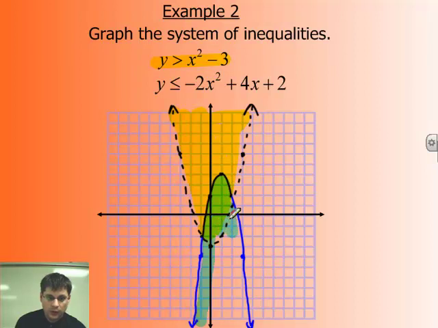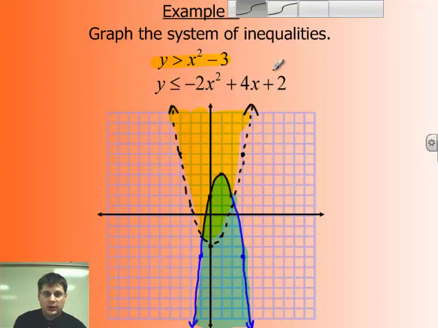So we'll have the overlapping regions, like so. And our solutions to the system are going to be any points in the overlapping area. You substitute any of these points into both inequalities and they will be true.